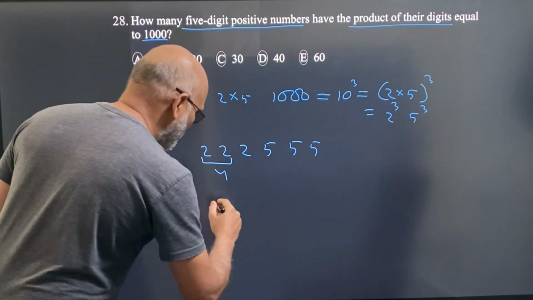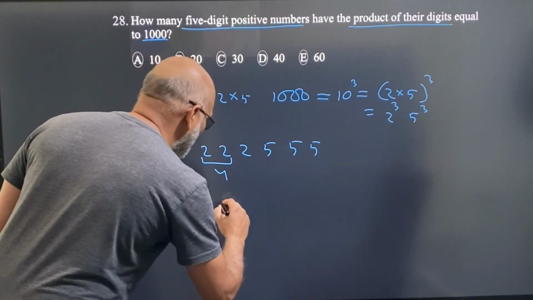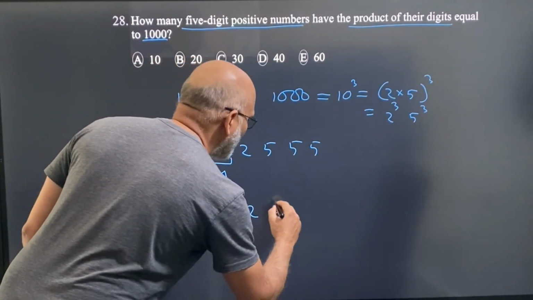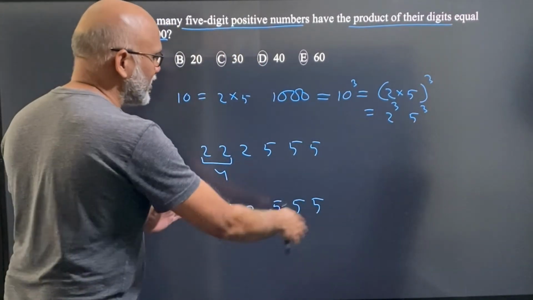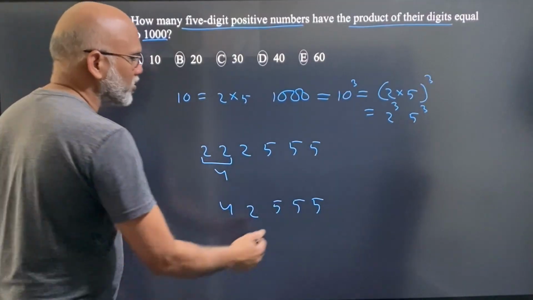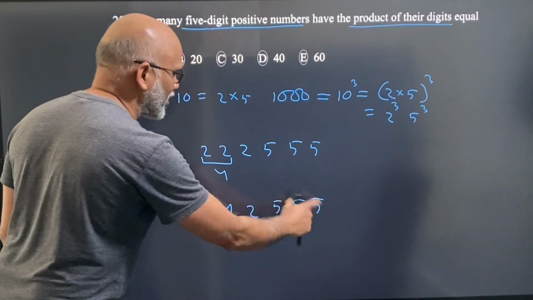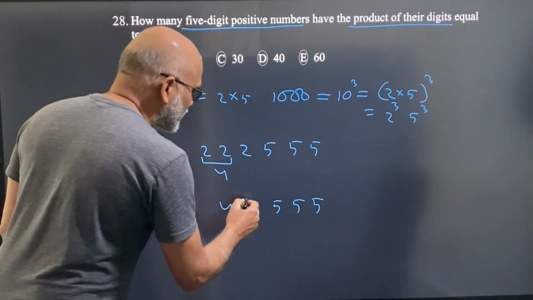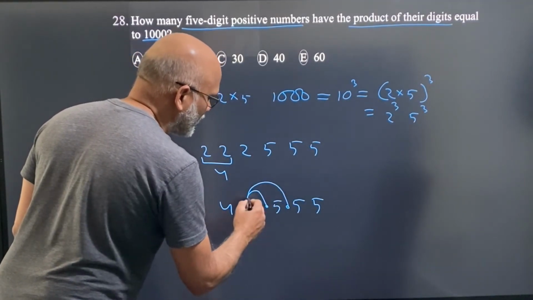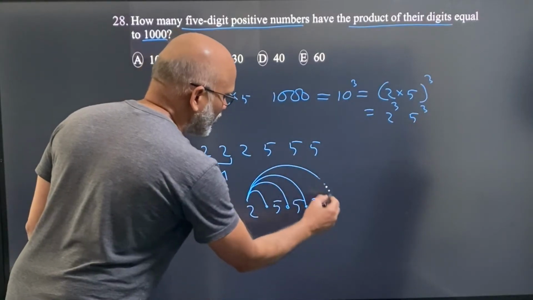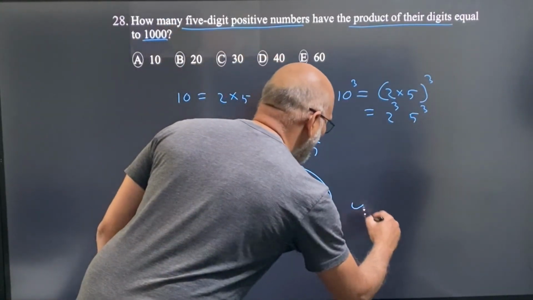So then my factors are going to be 4, 2, 5, 5, and 5. Now, how many ways can I arrange this to make different numbers? So 5, 5, 5, they are the same. It doesn't matter how you arrange them. But 2 can go in the beginning, it can go here, it can go here, or it can go here. So that is 4 different ways.